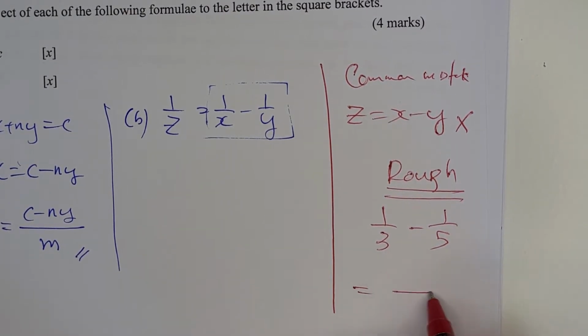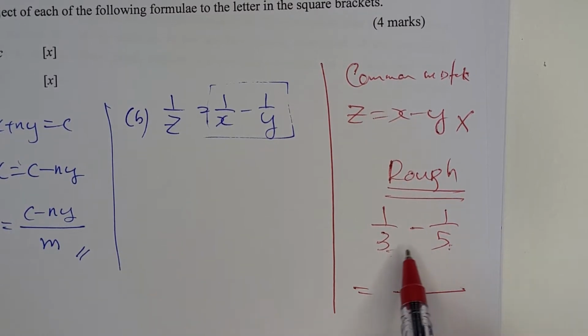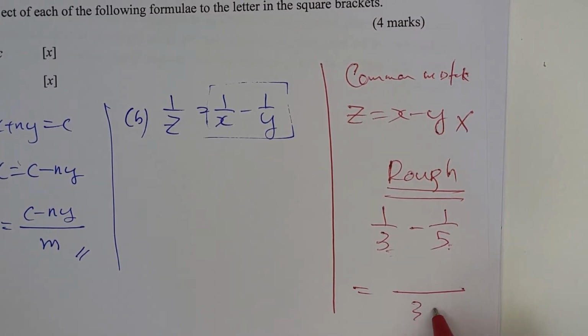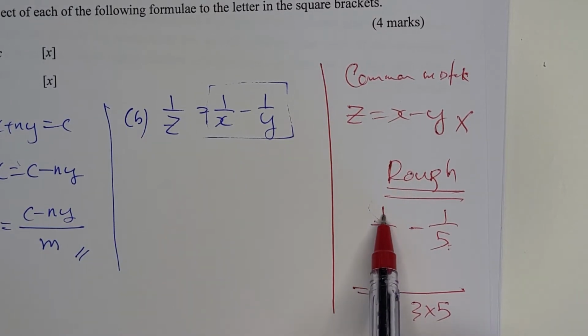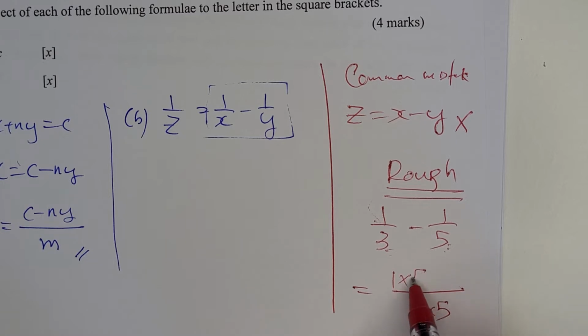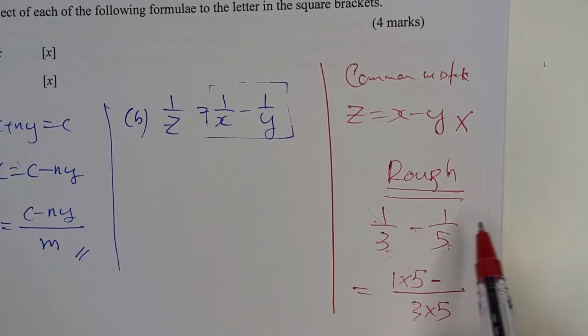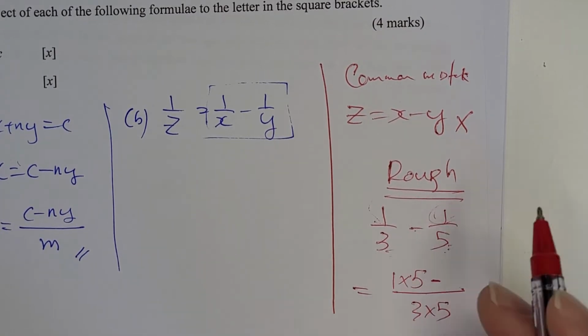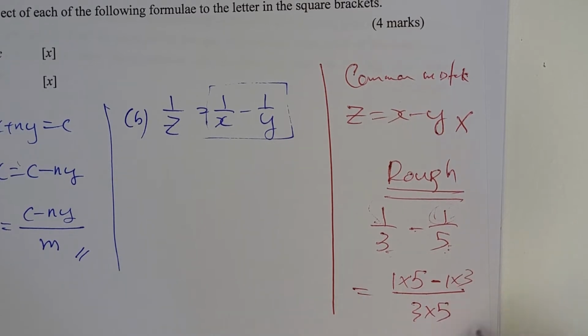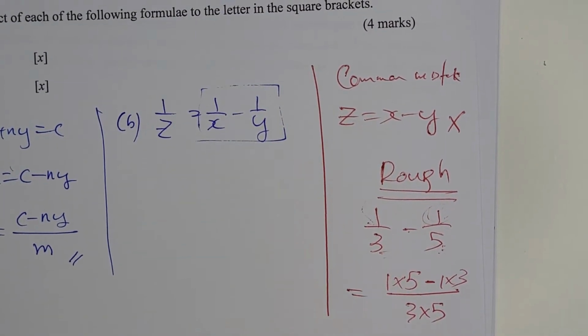You need to multiply these two numbers, or at least find the LCM of these two numbers, right? So the first numerator will be 1 times 5, and then minus, and for the second numerator we multiply by 3, right? Then you can simplify. That's what you can get.